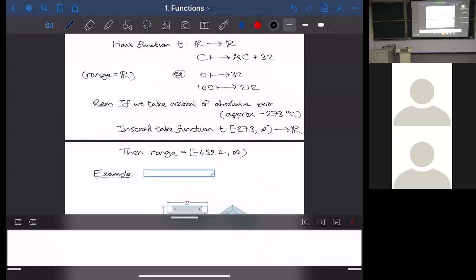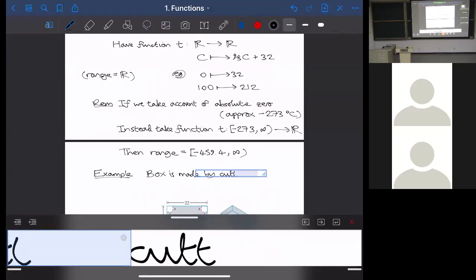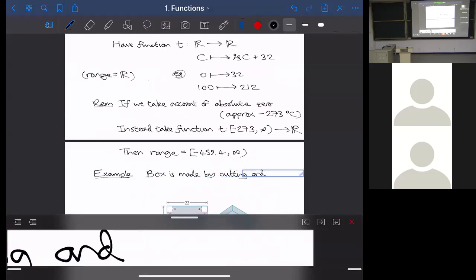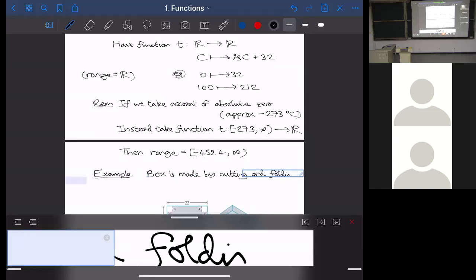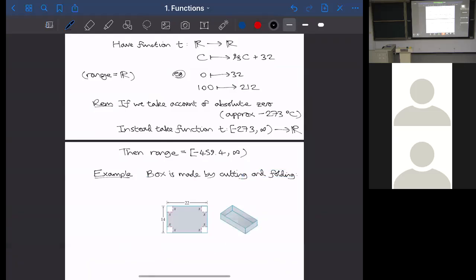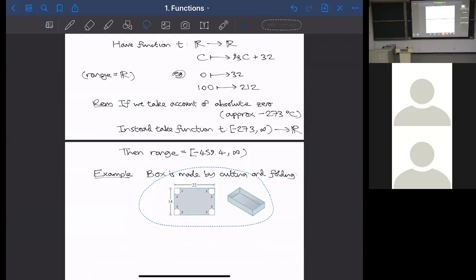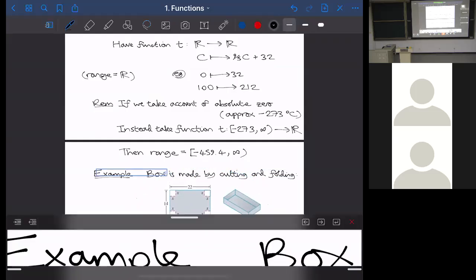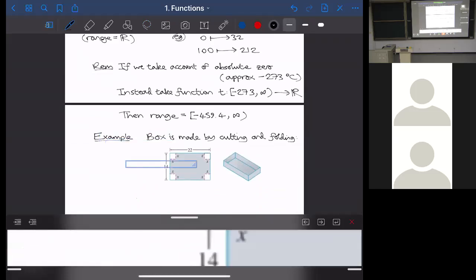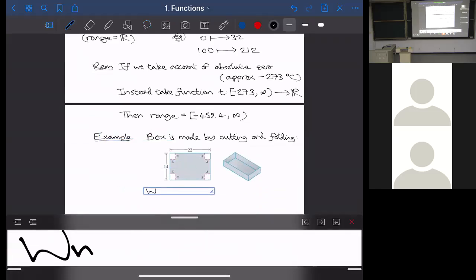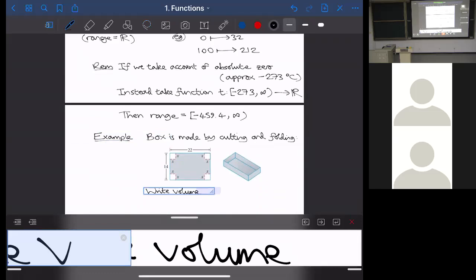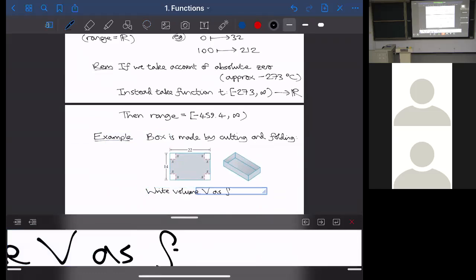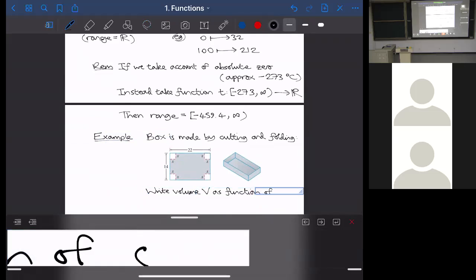Okay, example. Some box is made by cutting and folding like this. Write the volume V of x.